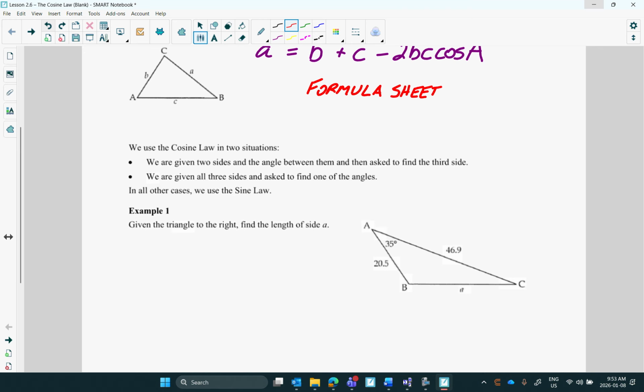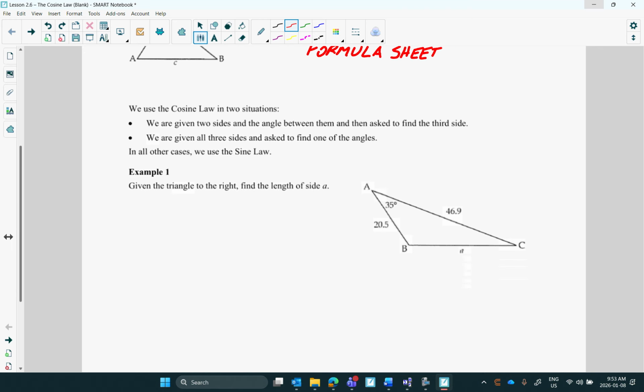So in this first example, we are given two sides and the angle between them, and we're asked to find the third side. So this is going to be a cosine law one, because we can't use sine law since we're not given an angle and its opposite side. So I want to find little a. Little a is going to go on the left by itself, and remember it's a squared. It will equal the other two sides squared added together.